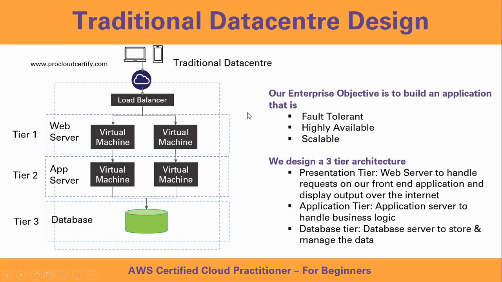For example, in case there would be any technical issue that would cause any of these servers to go down, in such a case the application would encounter issues and it would no longer be fault tolerant or highly available.